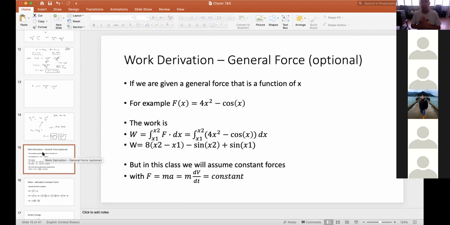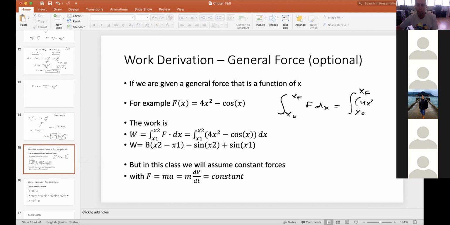If the force is not constant, we're going to talk about constant forces for the most part, but let's say it's not constant. I give you some force. For example, the force is 4x squared minus cos of x. What is the work? Well, all you have to do is integrate from x initial to x final of F dx, which means you just plug in your force.